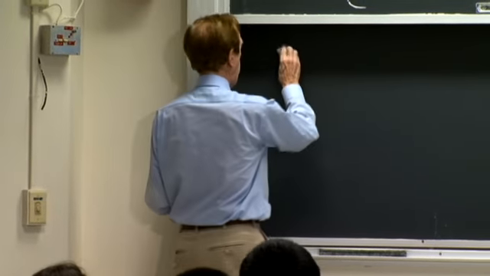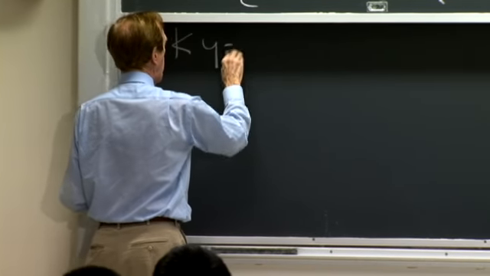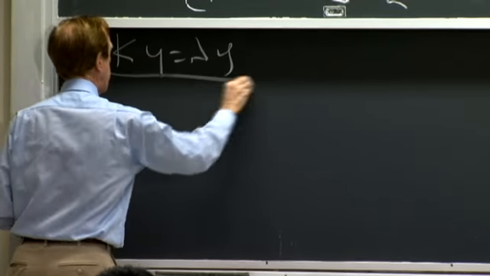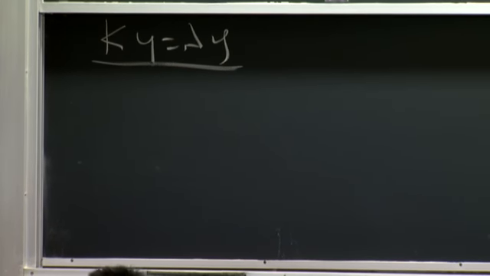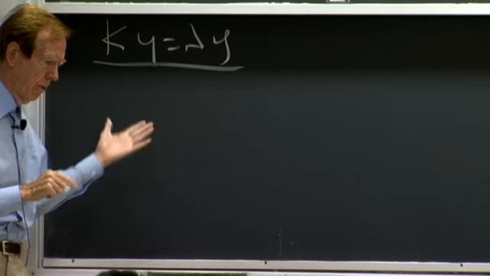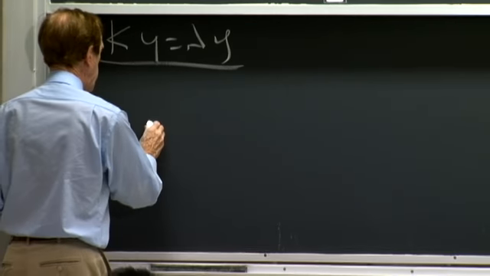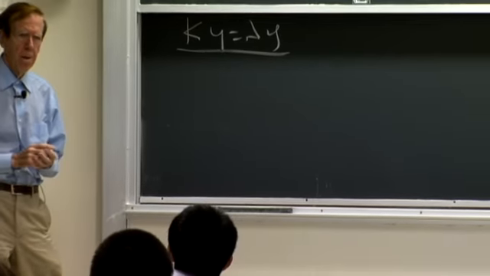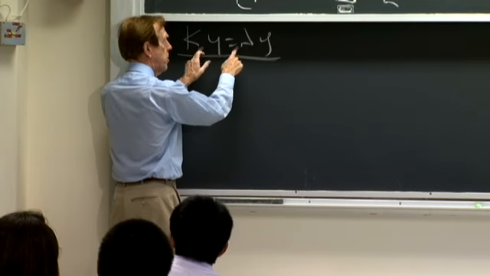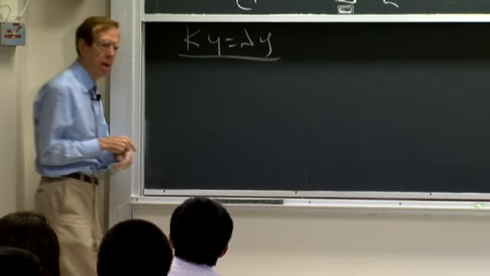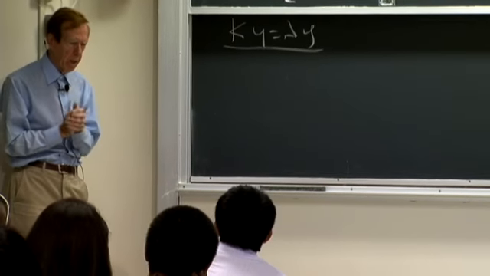I would like to look at Ky equal lambda y, but I'm looking for the y's and lambdas, and the way I'm going to get them is to write down a differential equation that's like this, but we'll solve it quickly.